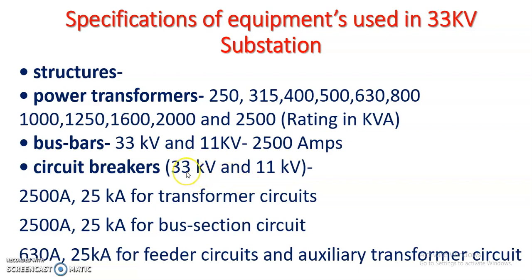Basically we use a 33 kV oil circuit breaker having a capacity of 2500 ampere and 25 kiloampere breaking capacity. For the transformer circuit and the bus section circuit it is 2500 ampere, 25 kiloampere breaking capacity, and for the feeder circuit it is 630 ampere, 25 kiloampere.